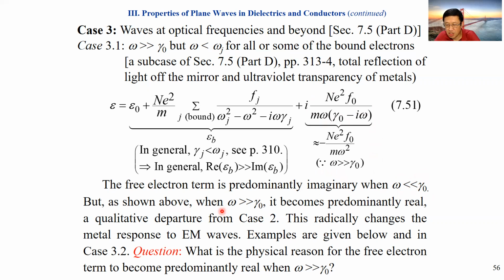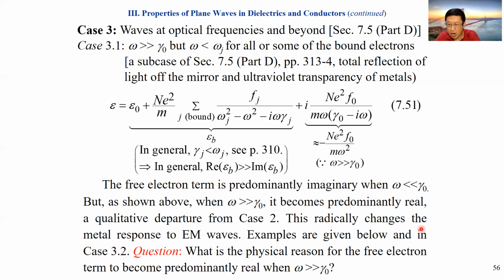But in this case, omega is much greater than gamma zero. It becomes predominantly real. A departure from case 2, okay, it is real but negative.